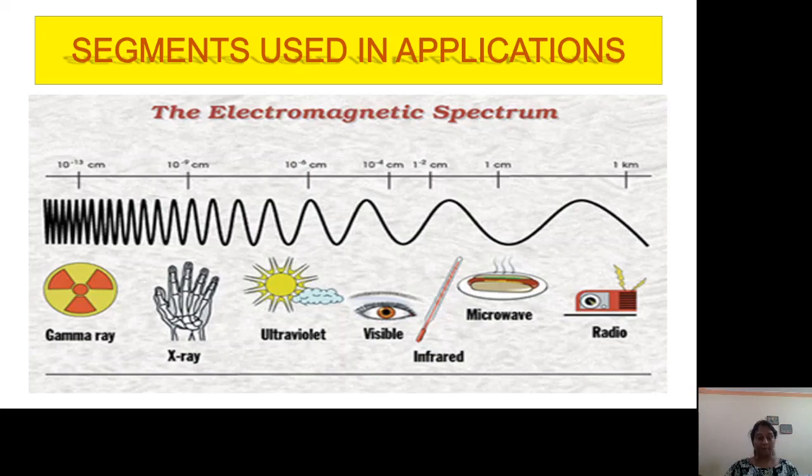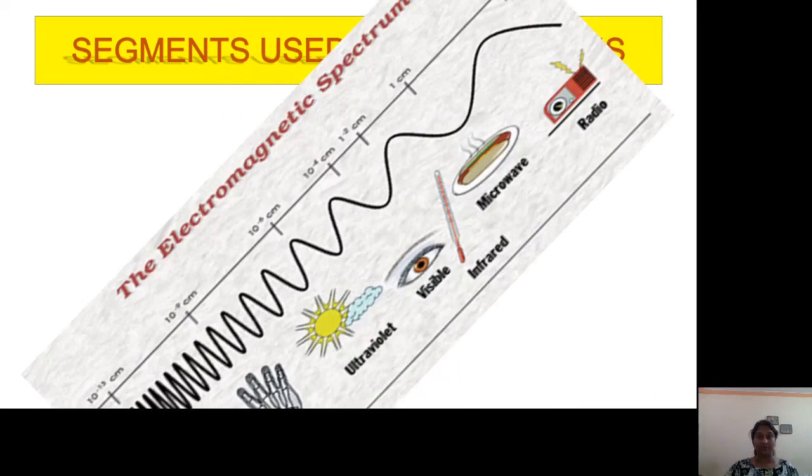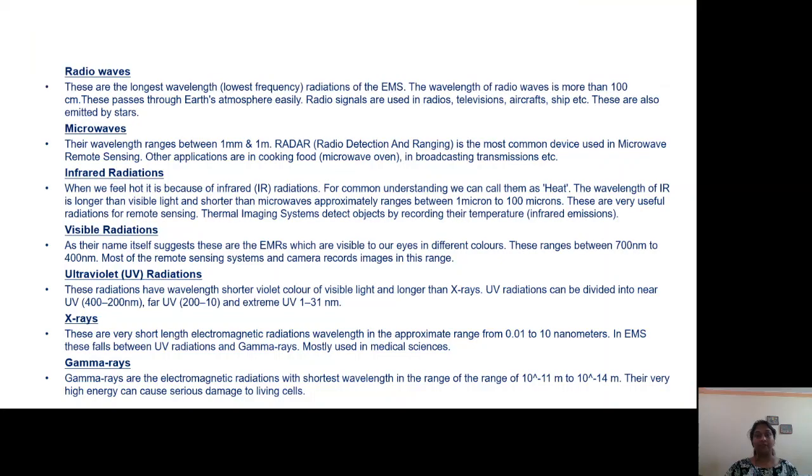The different ranges of the electromagnetic spectrum are: radio waves, with the longest wavelength and lowest frequency, used in instant communication, in radio, TV, aircraft, ships, etc. Stars also emit radio waves.